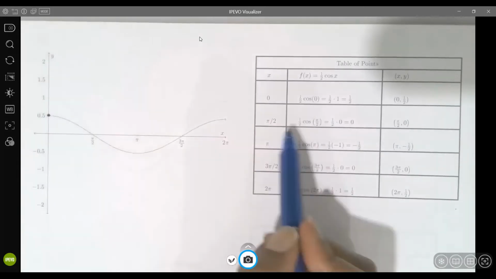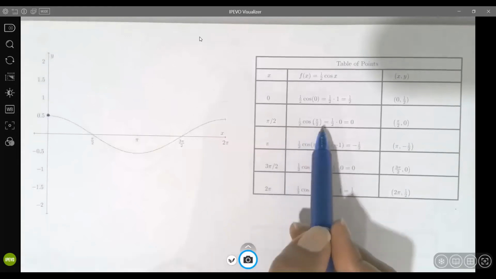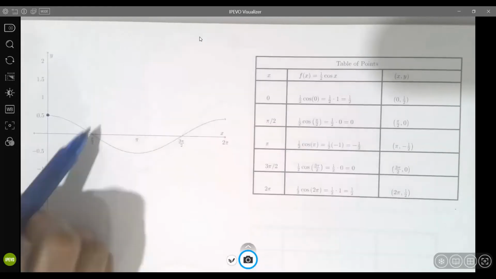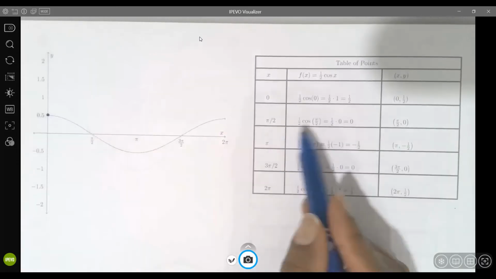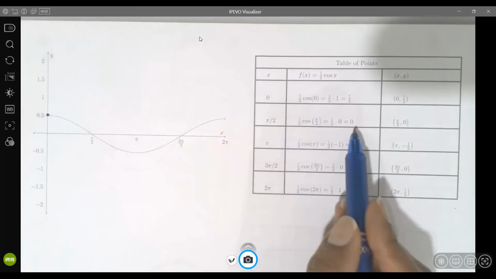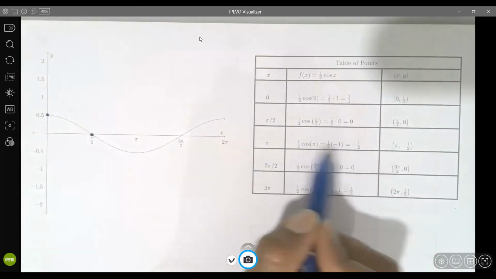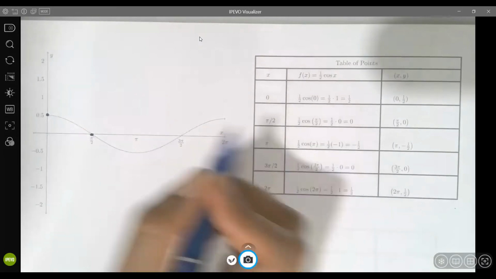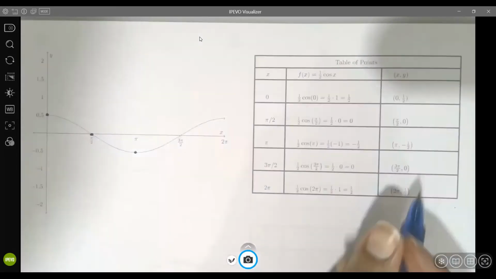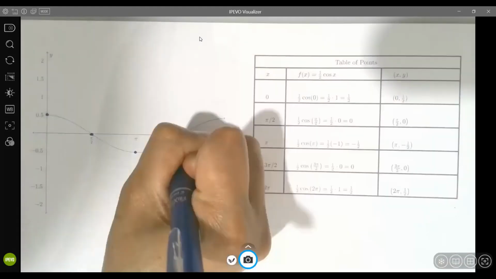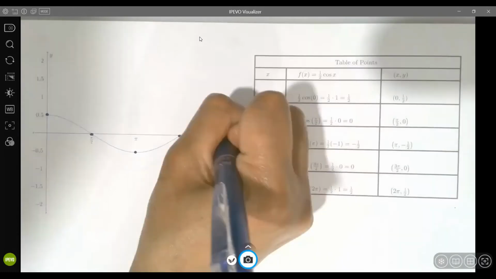For pi over 2, we get 1/2 times cosine pi over 2, which is 1/2 times 0, because at pi over 2, cosine is 0. So then we get the point pi over 2, 0, which is this point. Right, and just looking at the table, we've got pi with -1/2, so that's this point here. Then 3 pi over 2, 0, that's this point, and 2 pi, 1/2, so that's this point.